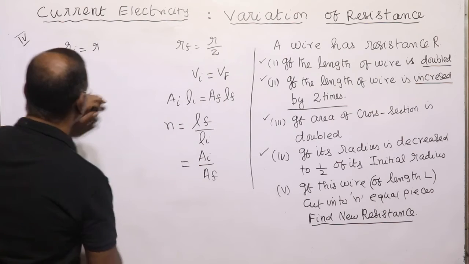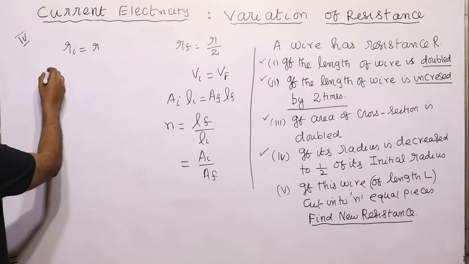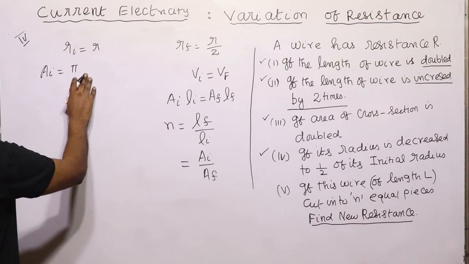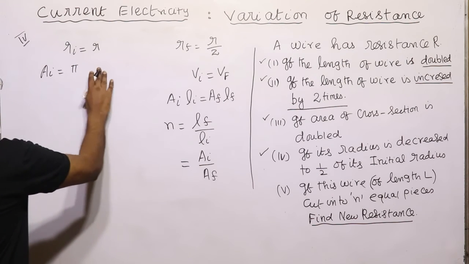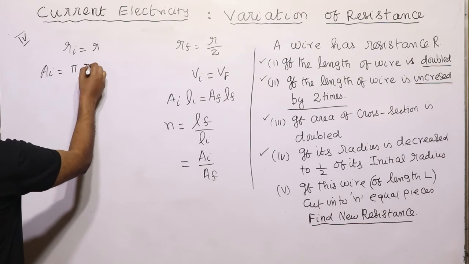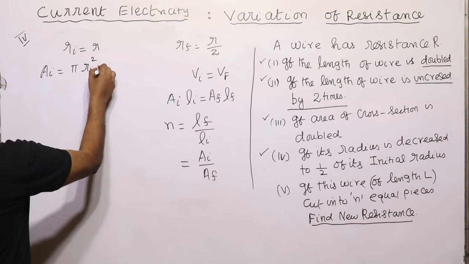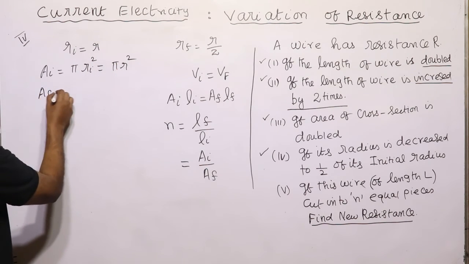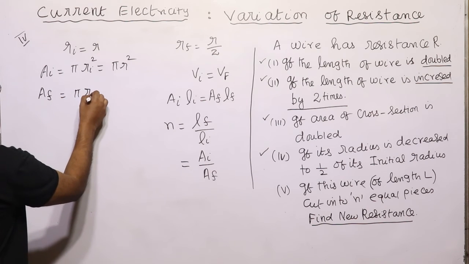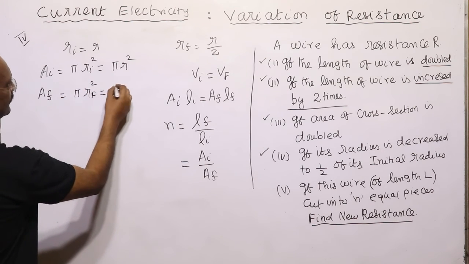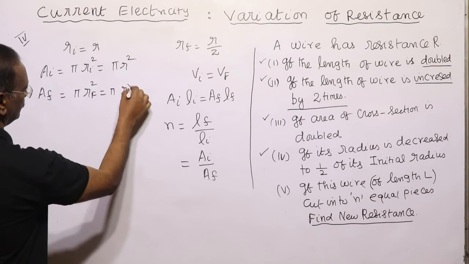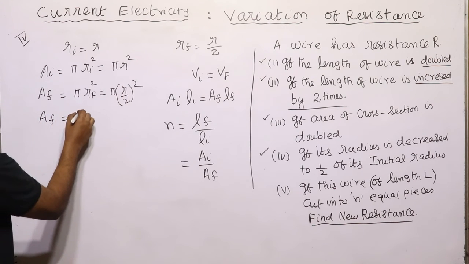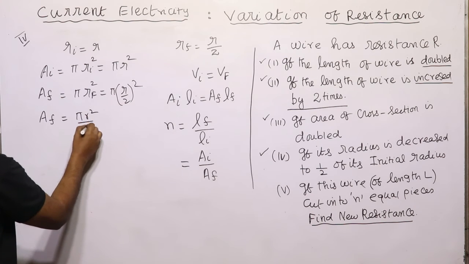What is area initial? Assuming it is a circular conductor, area initial is pi r square. Area final is equal to pi into r final whole square, where r final is r by 2, so area final is equal to pi r square by 4.